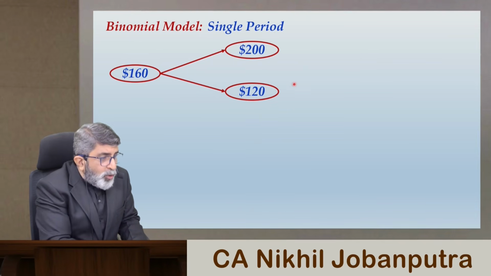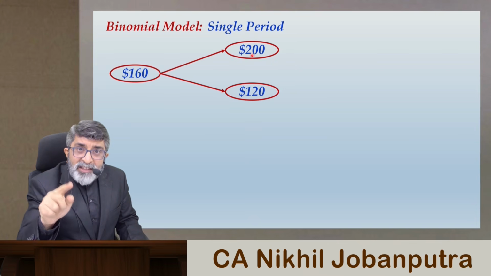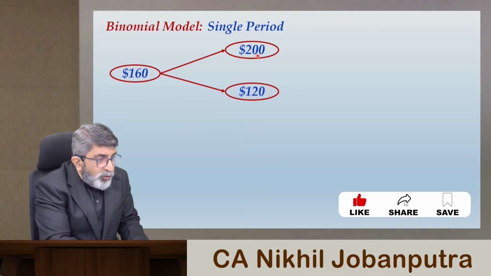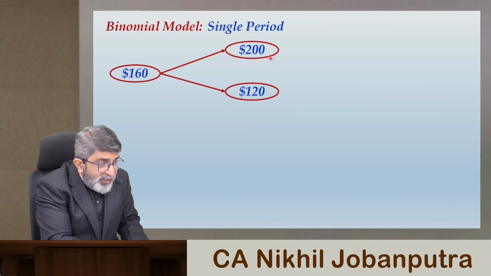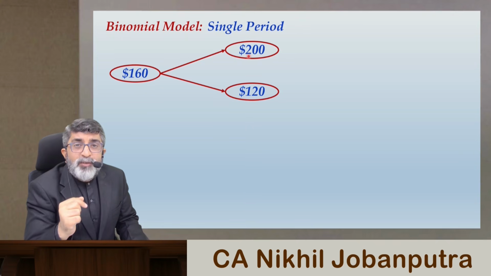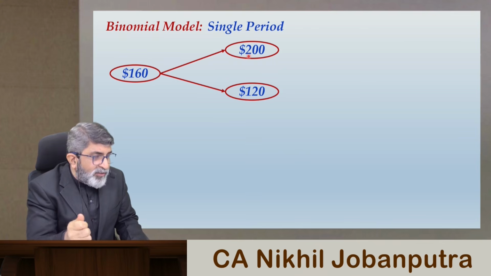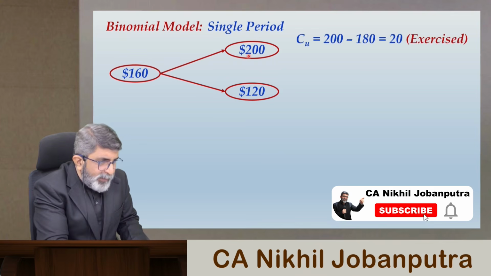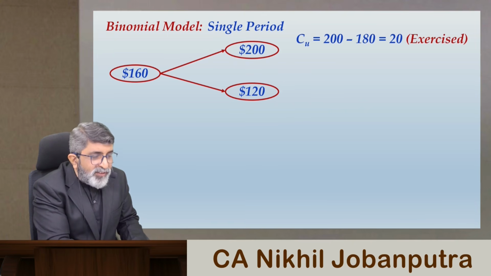A call will be exercised whenever the market price is greater than the exercise price or strike price. The strike price for the call was $180, and at this node the market price is $200. So definitely the call becomes exercisable at this price, and the value of the call will be 200 minus 180, that is $20, because the option will be exercised.